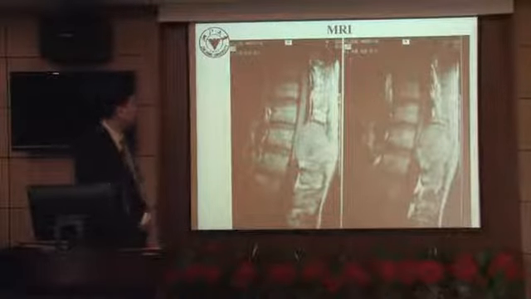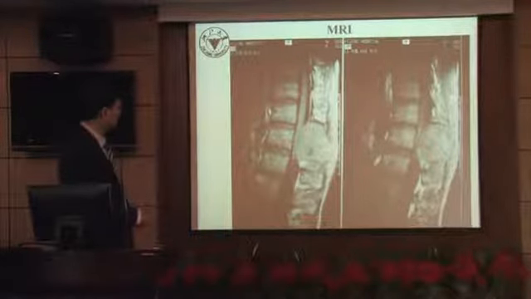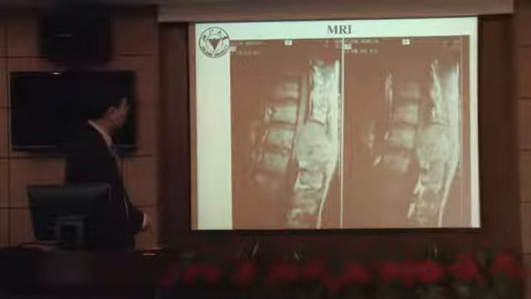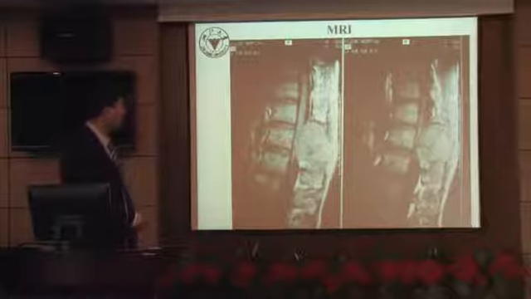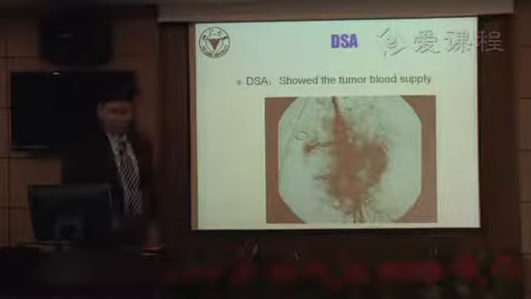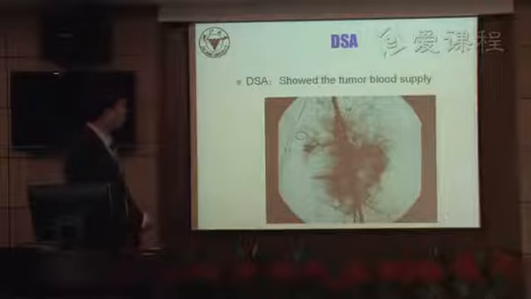This is MRI, and this MRI shows the tumor is right here in the spine, and it is compressing the spinal cord. This patient may have symptoms in his lower extremities. And this shows another way, it's DSA, and this shows the tumor in the spine.